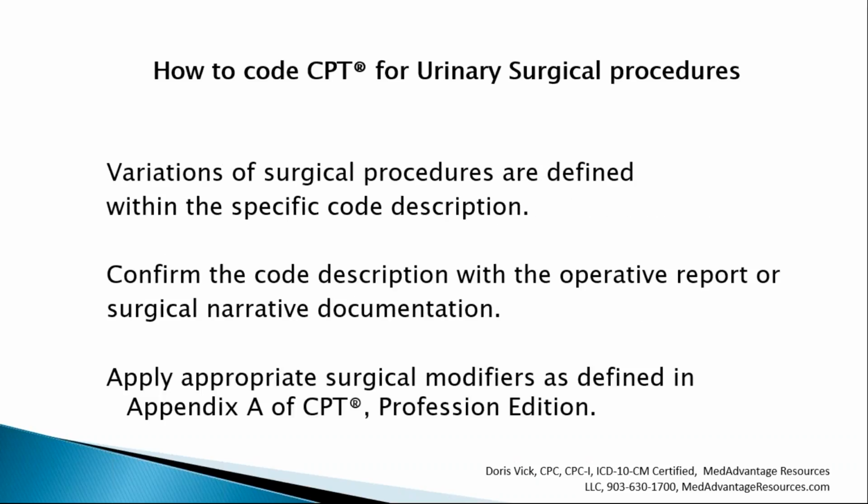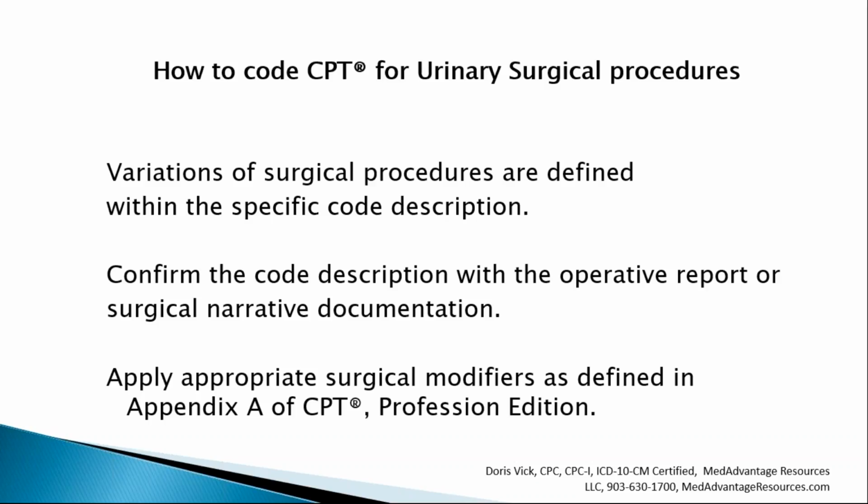The variations of these surgical procedures are defined within a specific code description. There is a description after the CPT codes. Read those. They are in a specific format that we'll cover later when you're ready. Confirm the code description with the operative report or surgical narrative documentation.